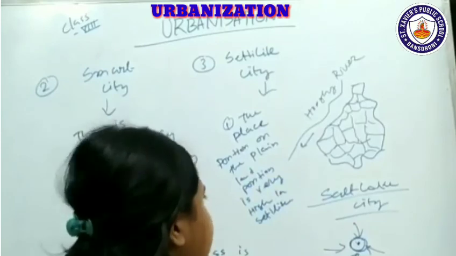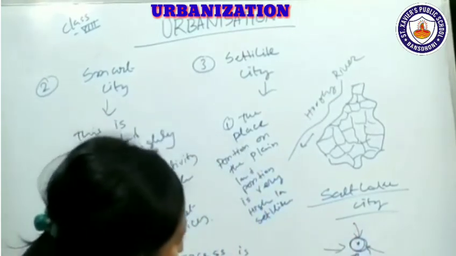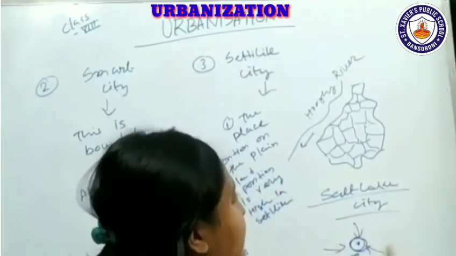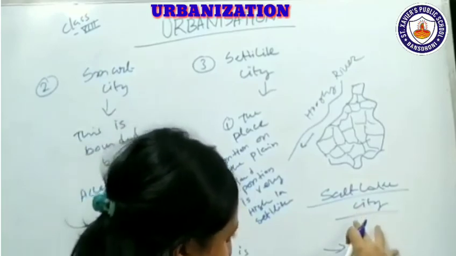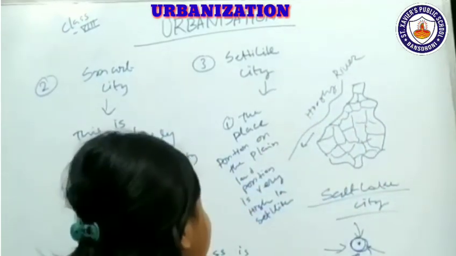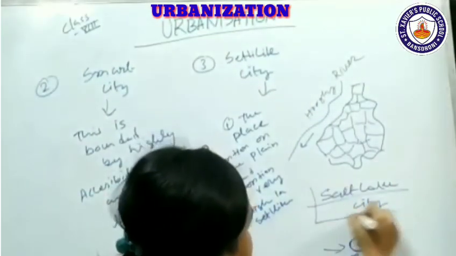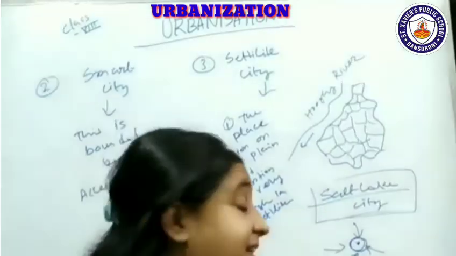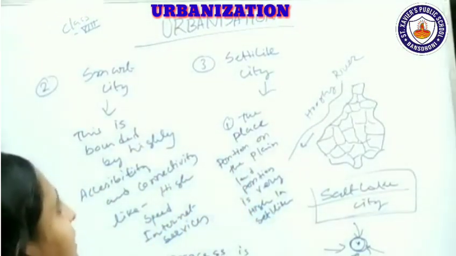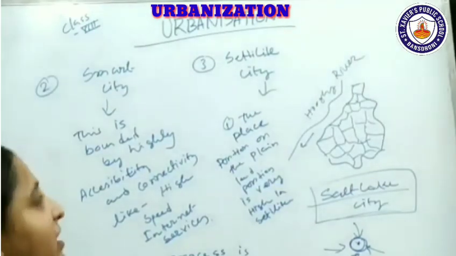There are several uses if you have a wide range of plain land. That's why the main offices and buildings shifted from the metropolitan area to Salt Lake City. That kind of city is known as a satellite city. Okay. So Salt Lake is the main example of a satellite city, right? I think it's clear to all of you. If you have any questions from that chapter, you can call me.